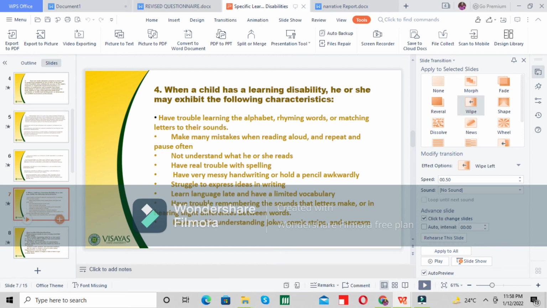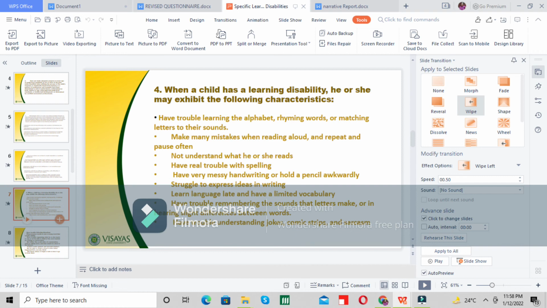Then the next, struggle to express ideas in writing. There are some students who are good at speaking, but struggle to express ideas in writing. So a while ago, I already said that learning disabilities vary from person to person. Okay, learn language late and have limited vocabulary.